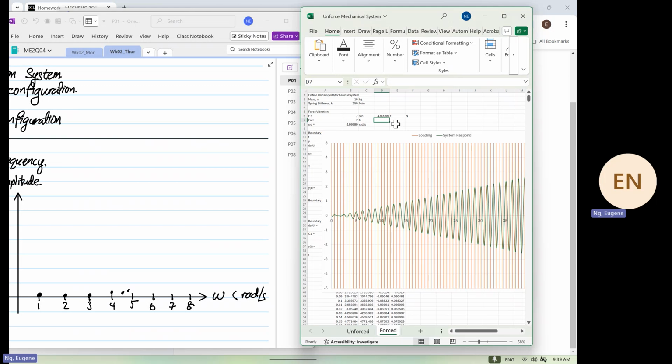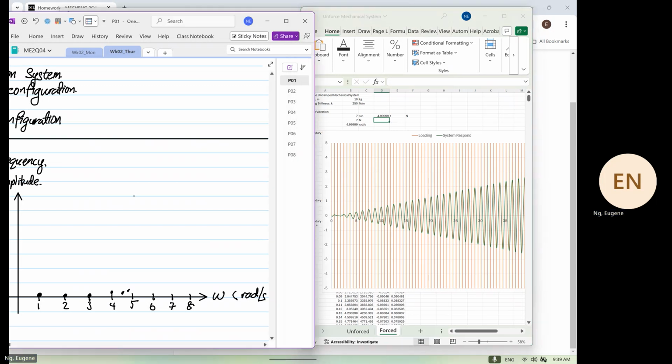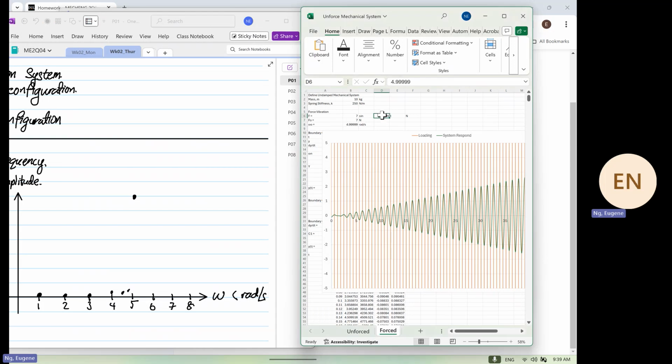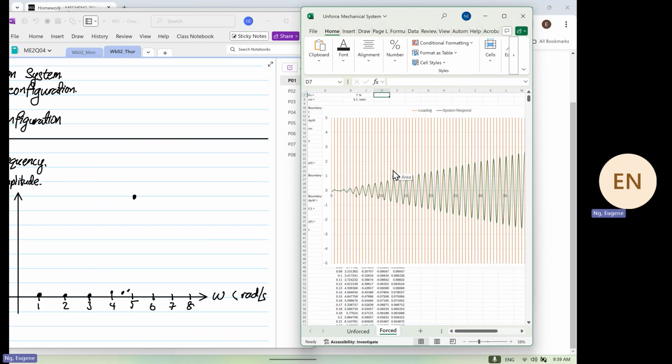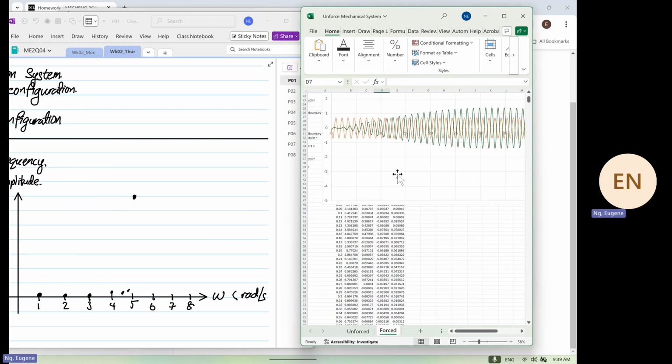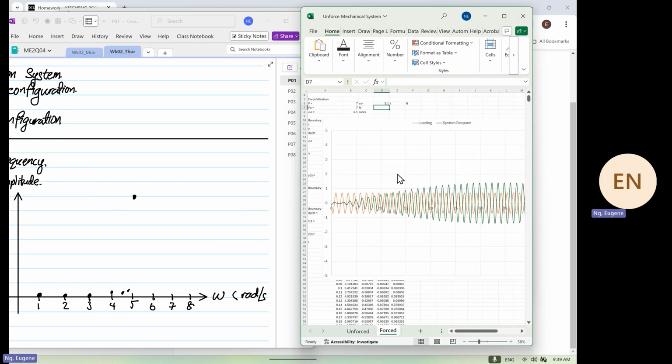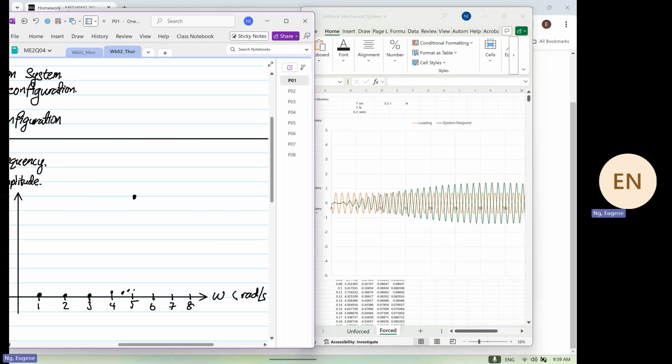What happened? The amplitude just went what? High. Yes or no? So after that, if I do 5.2 or 5.1, it's still a bit high. Or did it compute? I think it did compute. Or did the graph refresh? See, the graph not refreshing in time, okay? So it's Excel. 5.1, it dropped down.